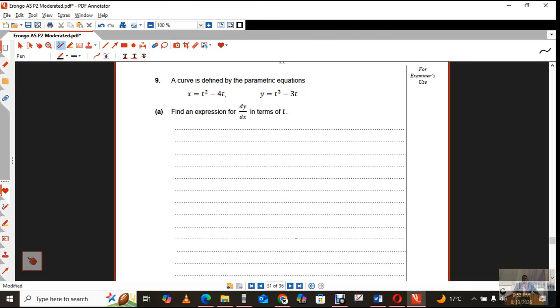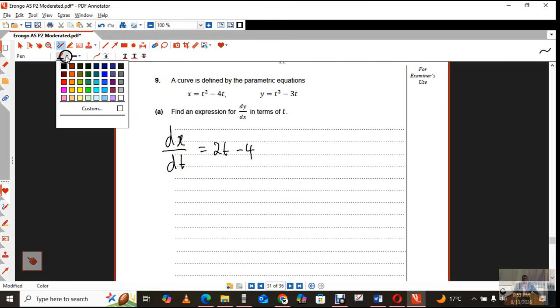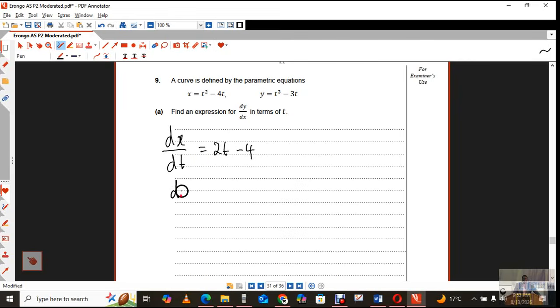You simply say, okay, dx dt is going to be 2t minus 4. Remember, just write my dx dt nicely. Then I'm just going to rewrite this as dt dx, or x must be under. So this is over 1, so that's going to be 1 all over 2t minus 4.